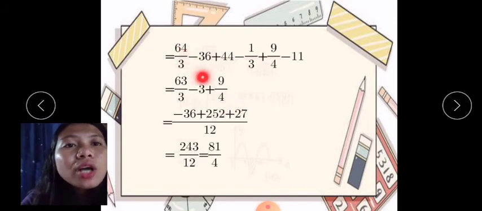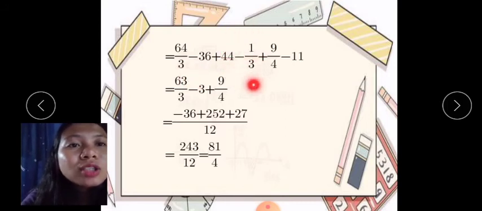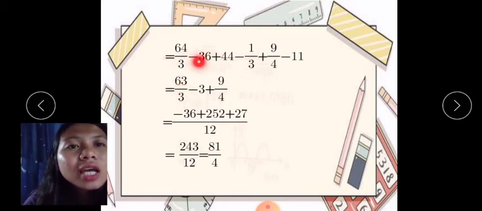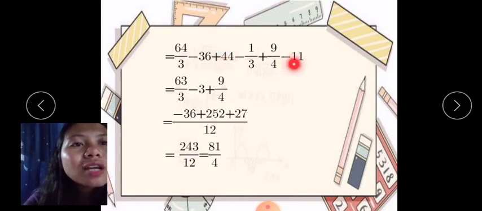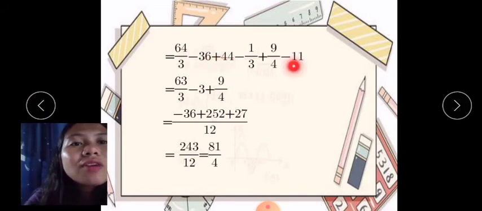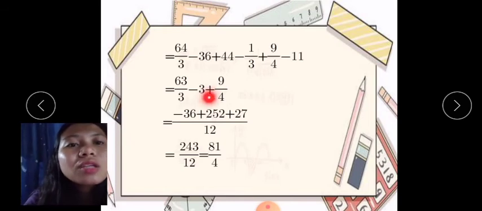So we have 64/3 - 1/3. They are similar, so 64/3 - 1/3 gives 63/3. And then next, -36 + 44 - 11, because they are similar and not fractions. So -36 + 44 - 11 gives -3.